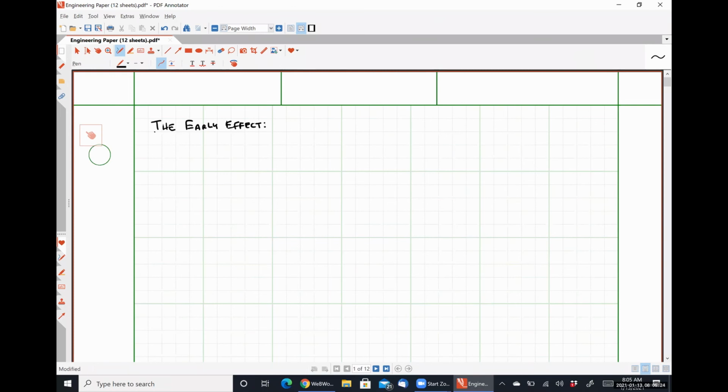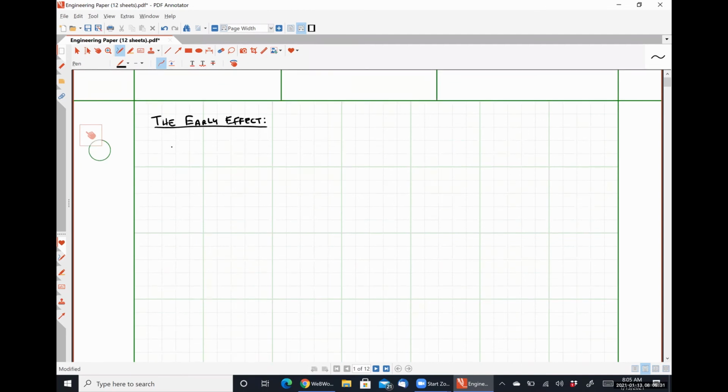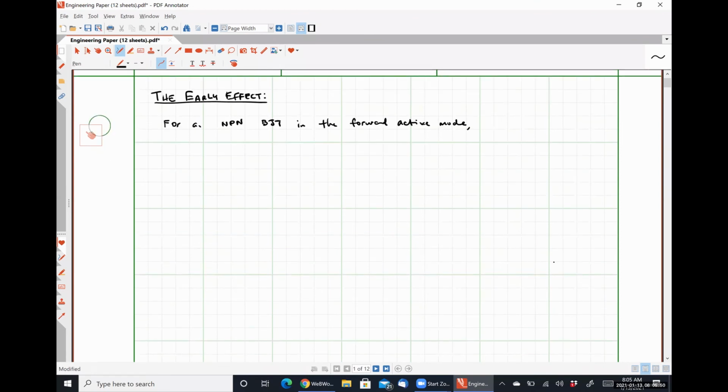All right. So we said that for an NPN transistor, NPN BJT in the forward active mode, it should look something like this.